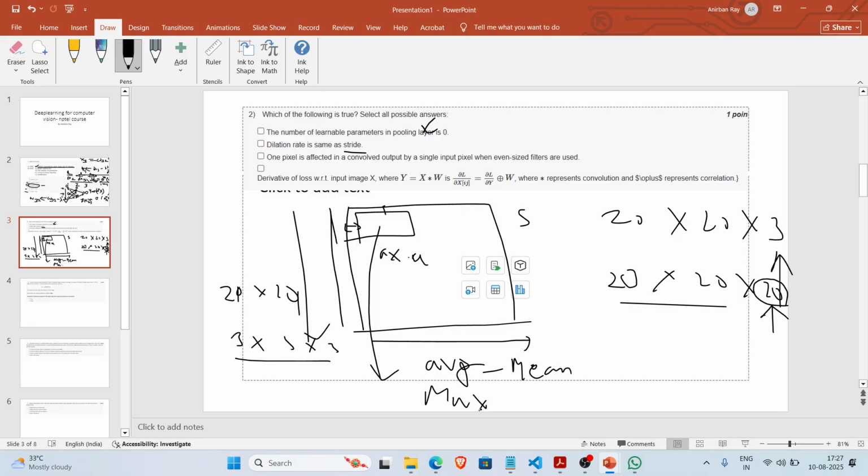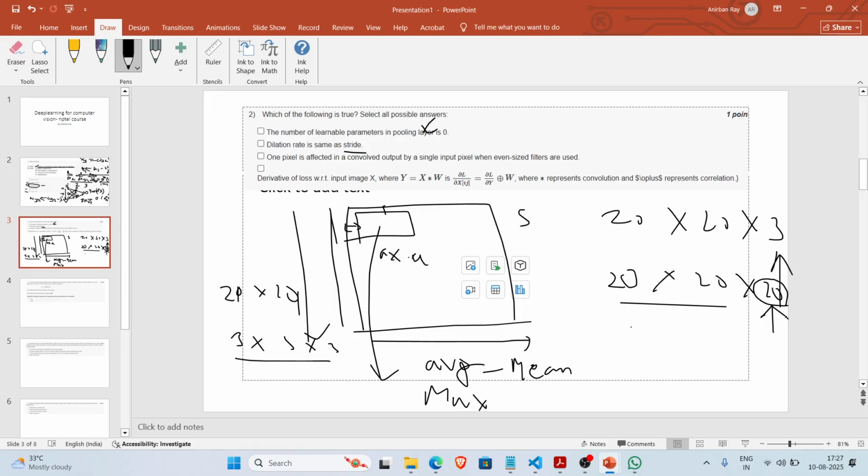In mean you take the mean of these values. So for 3 cross 3 you have to average 9 values. And in max pooling you take the max of the values, and you do it for all the channels.